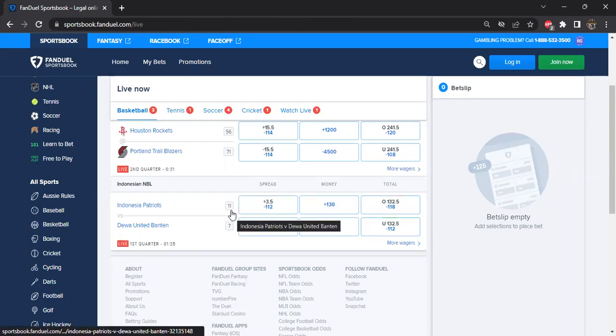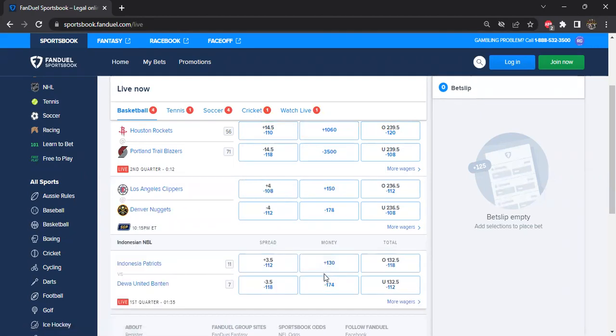So you want this to become like a 20-7 game, which puts them like plus 120. Then you want to bet them, because if they start to come back at all and look like they're going to win, this line is going to go up dramatically, and you'll be able to get plus 200, plus 300 or something like that. And then if this team manages to win, that's how you get that big payout.